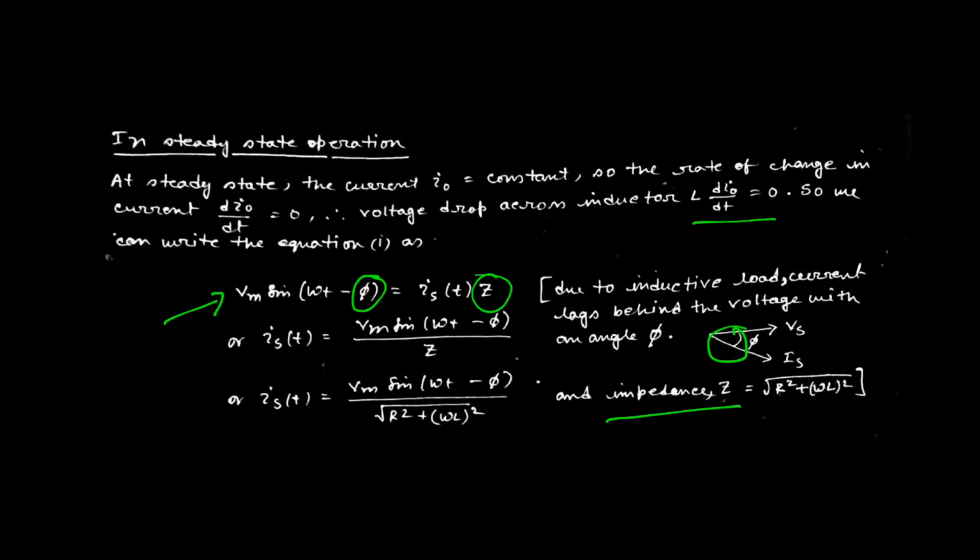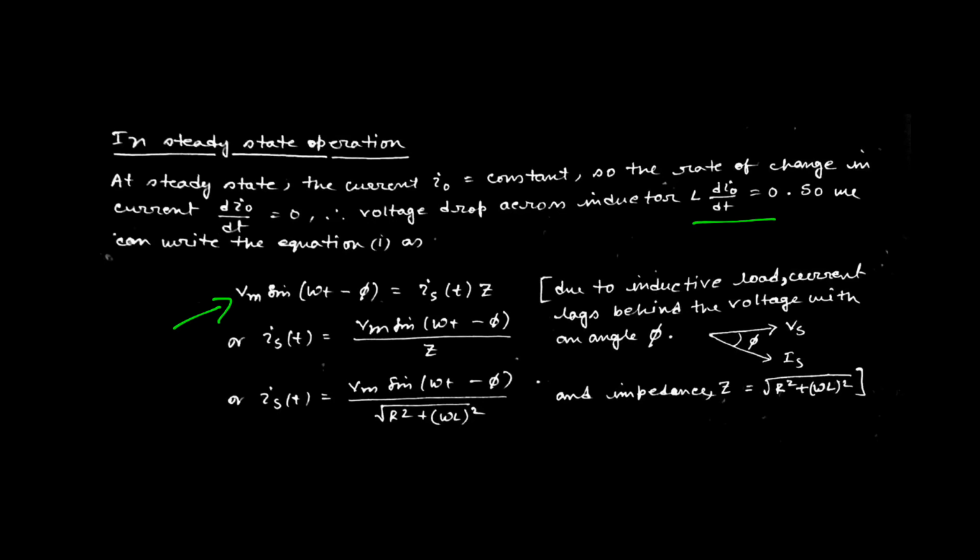As the current lags behind the voltage, we can write the expression Vm sin(omega t minus phi) equal to i into Z, where Z equals root over of R square plus (omega L) square.